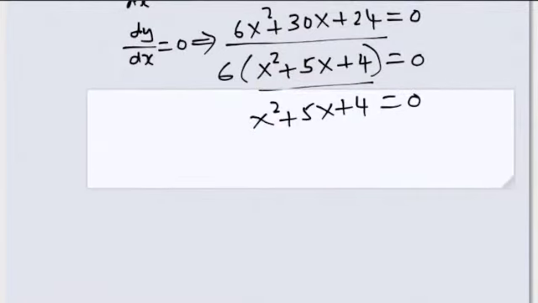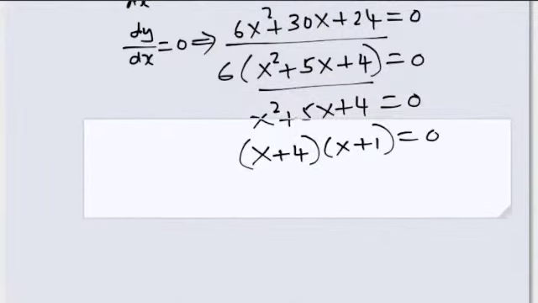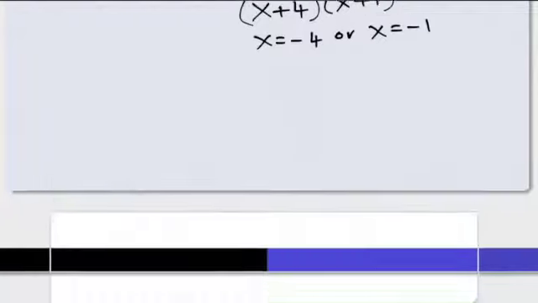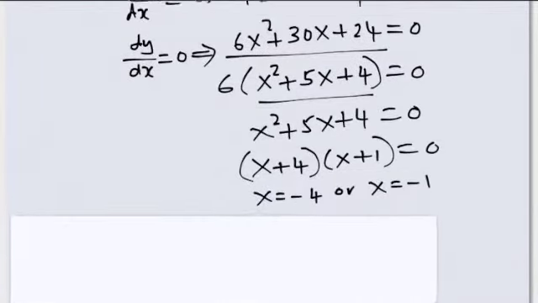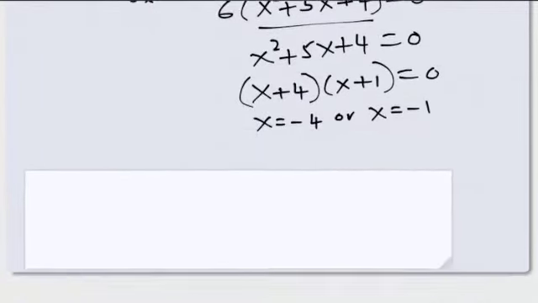We could factorize this as x plus 4, x plus 1 equal to 0. So we will get x equal to minus 4 or x equal to minus 1. So at x equal to minus 4 and x equal to minus 1, there are stationary points. Let's determine the nature of those stationary points.